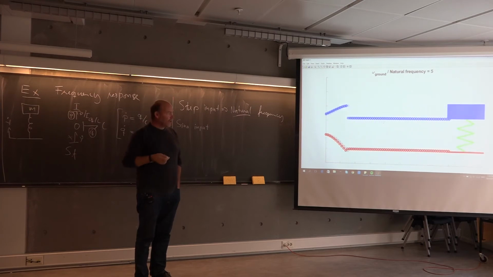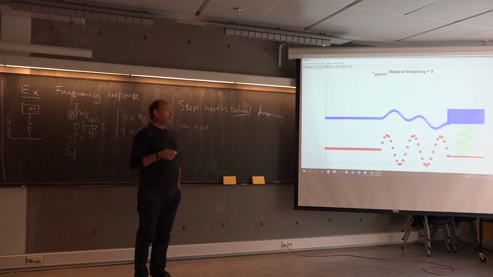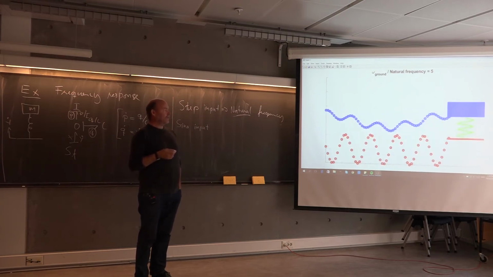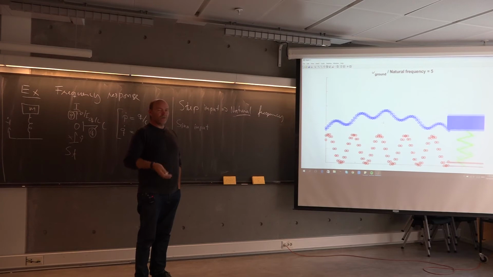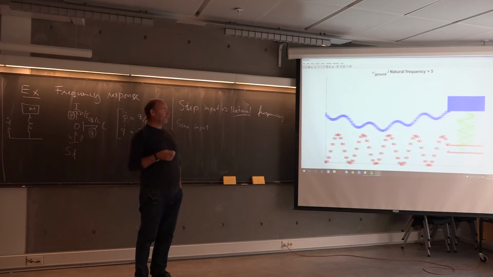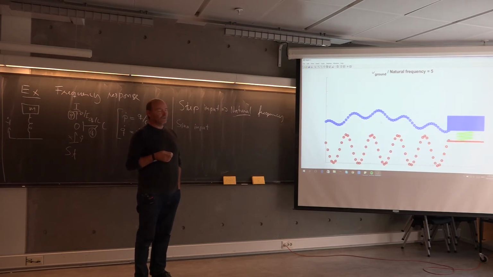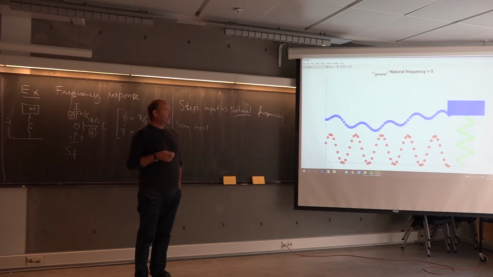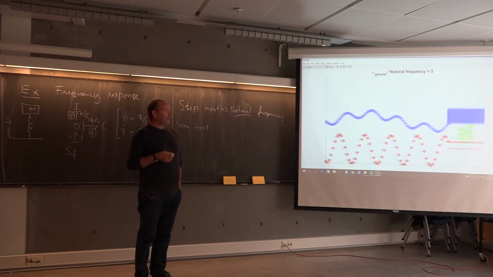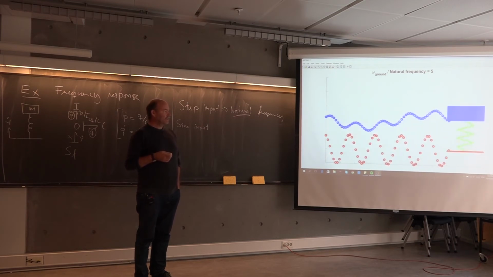And now 5 times the natural frequency. So here the ground is moving so fast that the mass can hardly follow it. So the amplitude for the mass there is quite small actually.